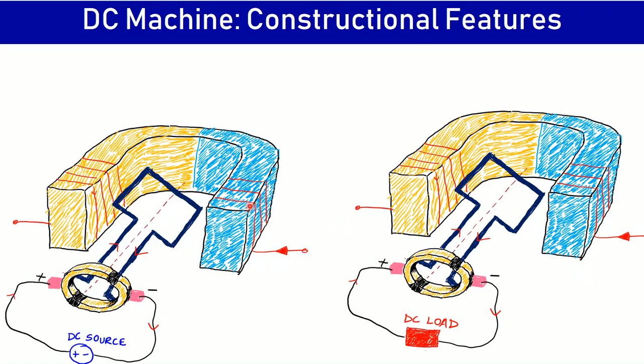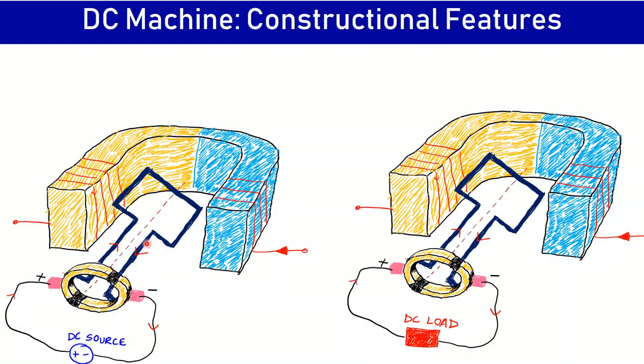So, while explaining the working principle of a DC motor and a DC generator, we took help of a simple arrangement which consisted of a permanent horseshoe magnet. We also discussed that in practical machines, we don't use permanent magnets, we use electromagnets. And of course, the shapes are different in a practical machine.